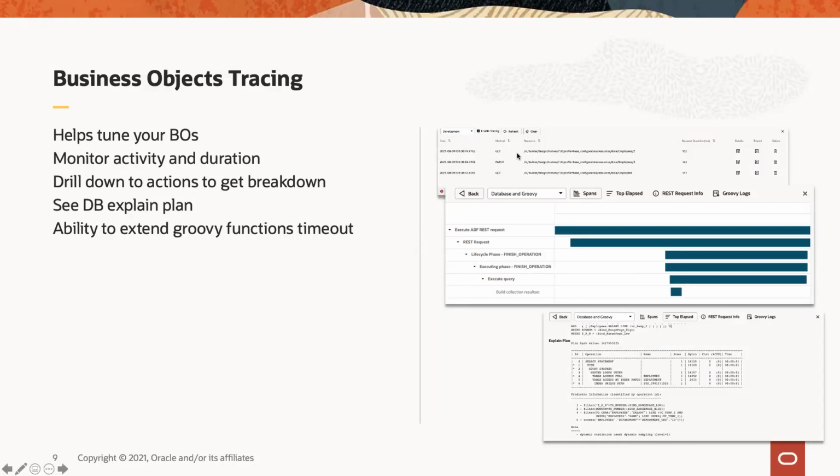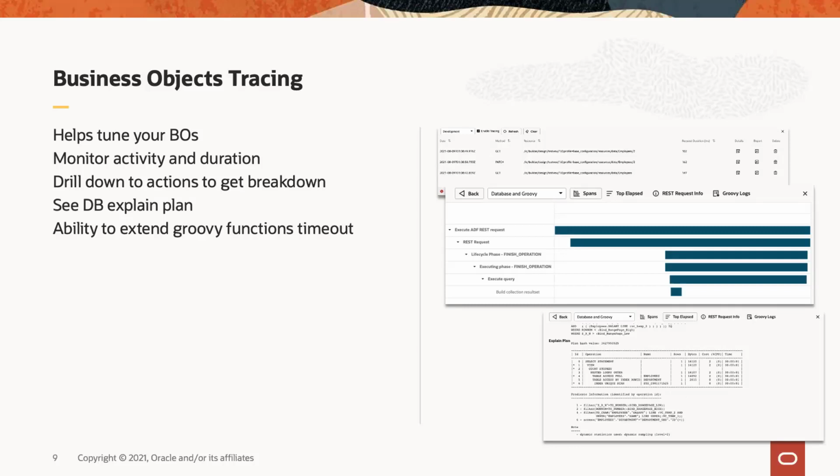You get this view over here of all the operations. You can then click on an operation and get detailed information about the spans and what happened in every span. So you can see the timing for each one of those. And then you can further drill down to see the actual explain plan of how the access to the database was done.